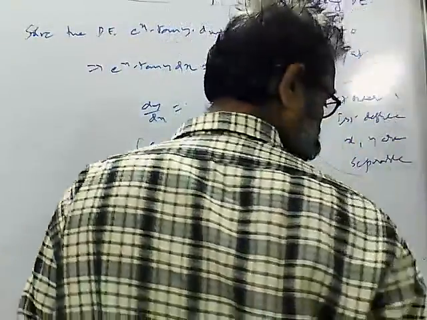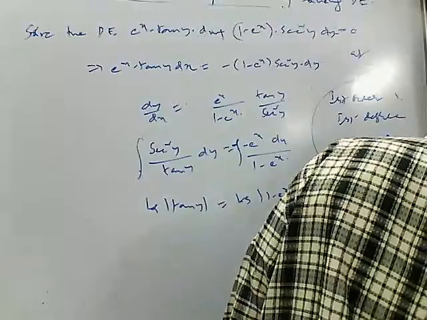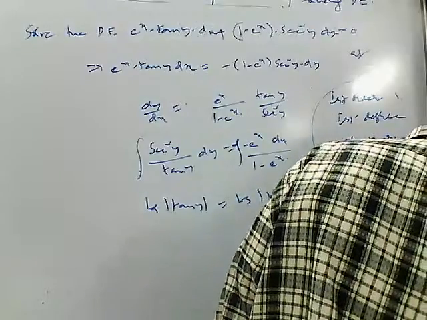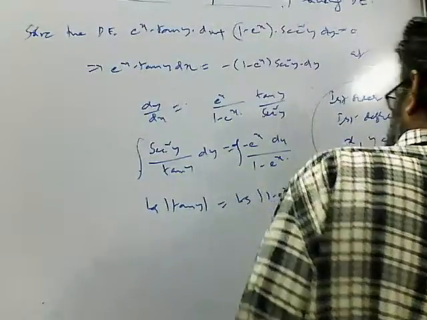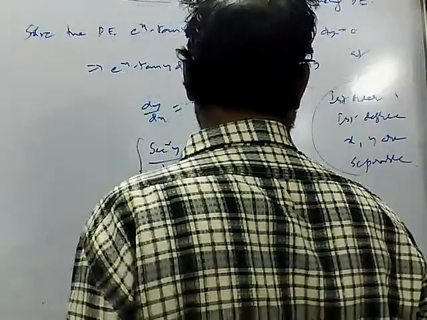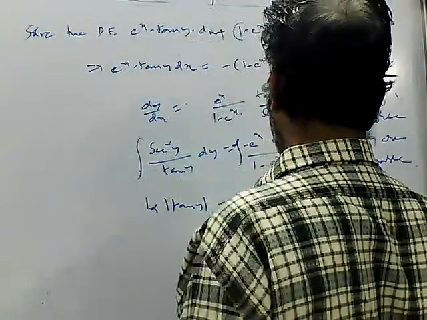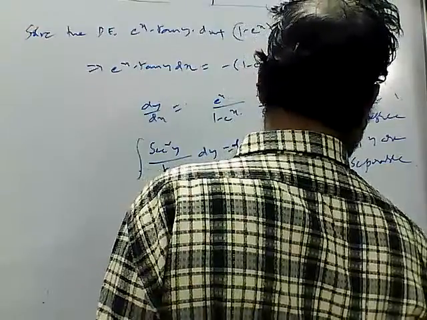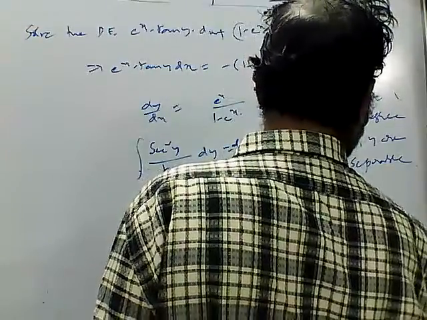Log mod tan y by 1 minus e power x is equal to c, implies tan y by 1 minus e power x is equal to e power c, which comes to be tan y is equal to 1 minus e power x into c.